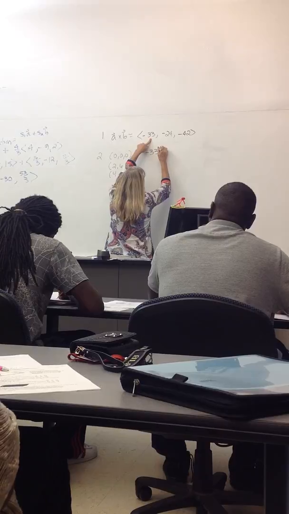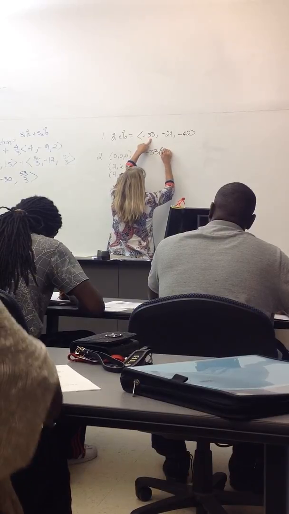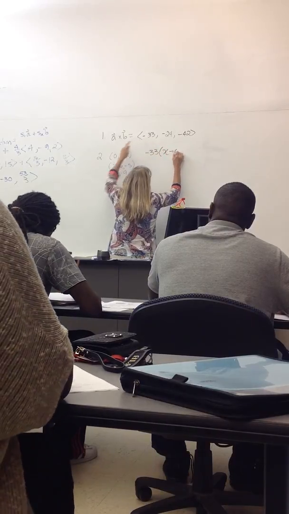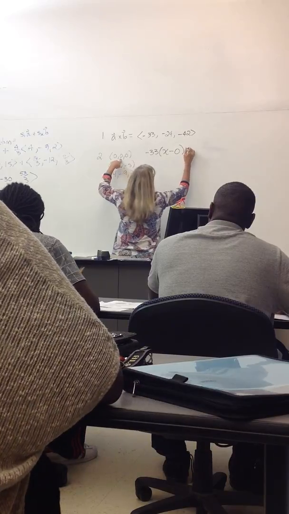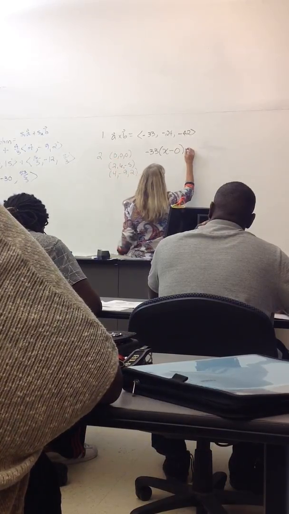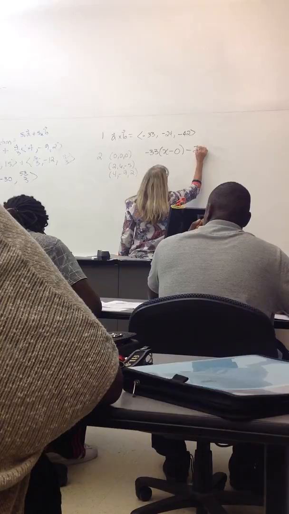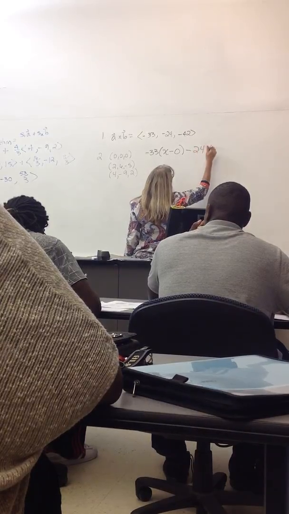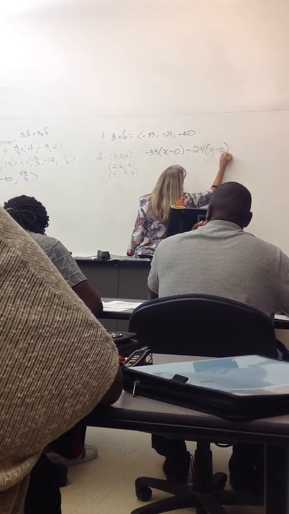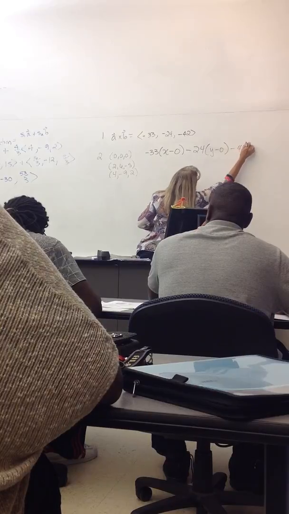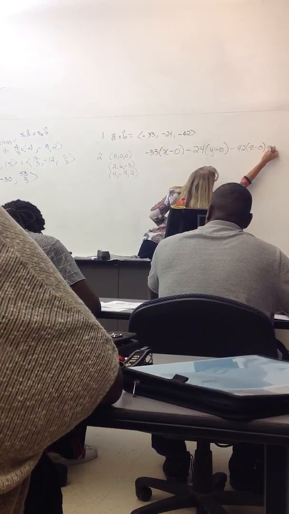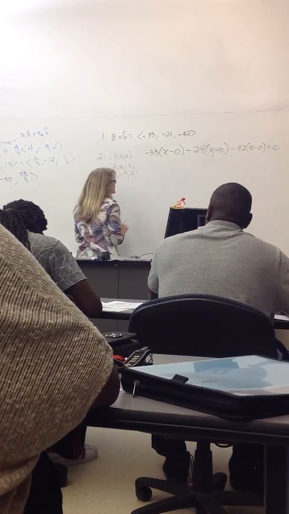So we then take the component of the normal vector, and then x minus the x coordinate of your point. In this case it's 0, so I really don't have to. And then the y component, y minus the y of your point, and then z minus. Again, that's the mechanics.